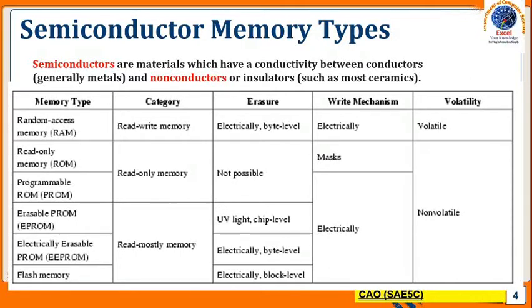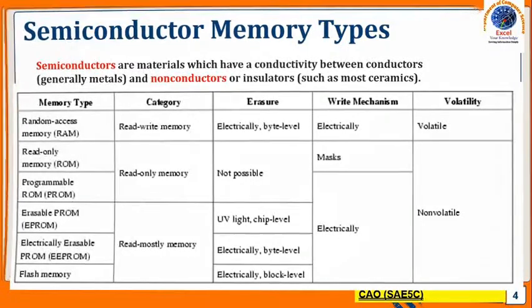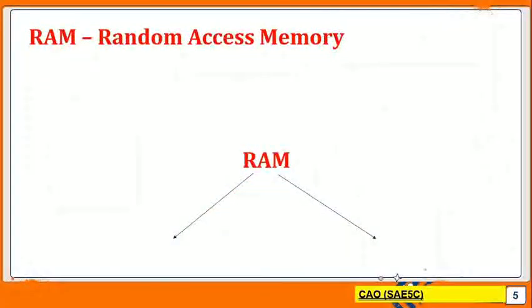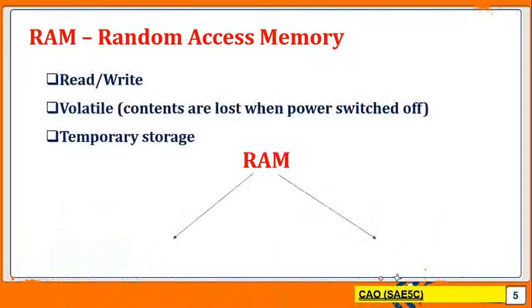This table represents the consolidated view of the internal memory: the random access memory, the read-only memory, and the types of read-only memory. We will see briefly about it. The random access memory is used to read and write data in a computer, and the most important characteristic of a RAM is that it is volatile, where contents are lost when the power is switched off.